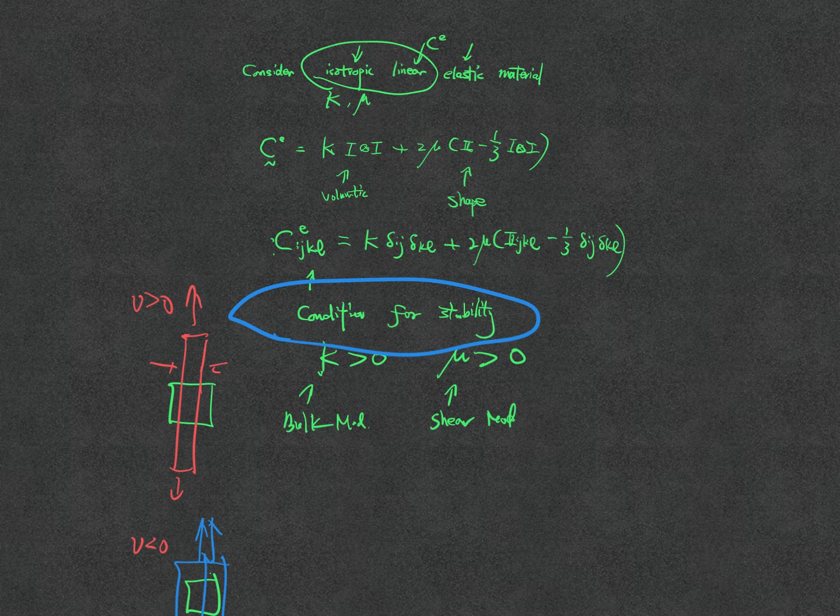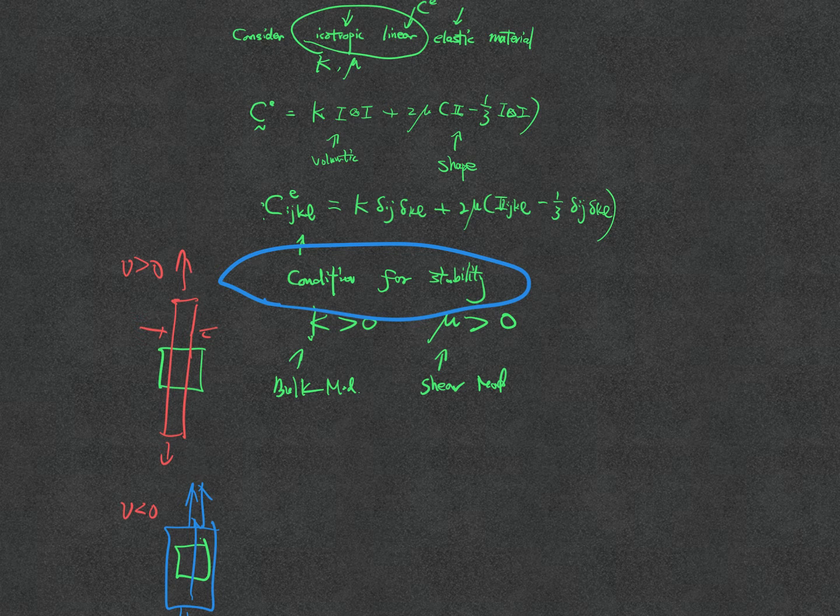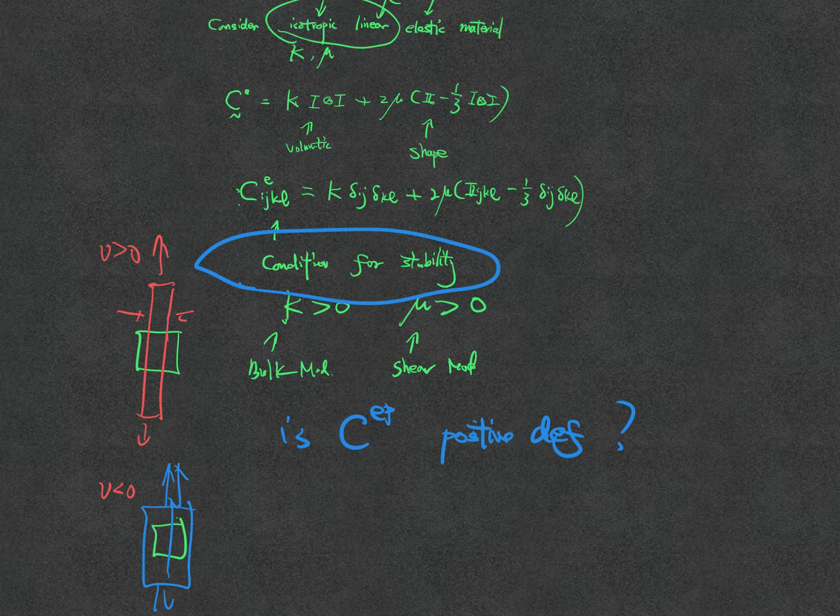But then the next question I need to check is whether CEP is positive definite. Why do I care about this? I want to know whether it's stable, right? I think some of you may know the answer already.